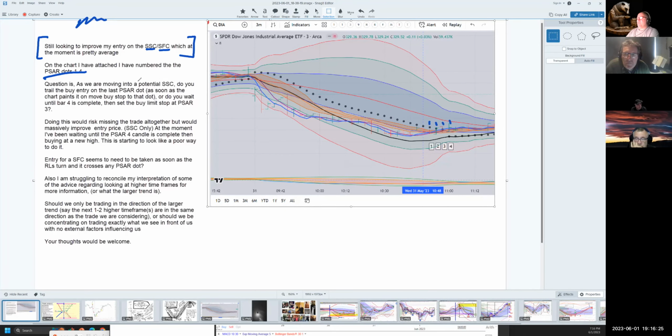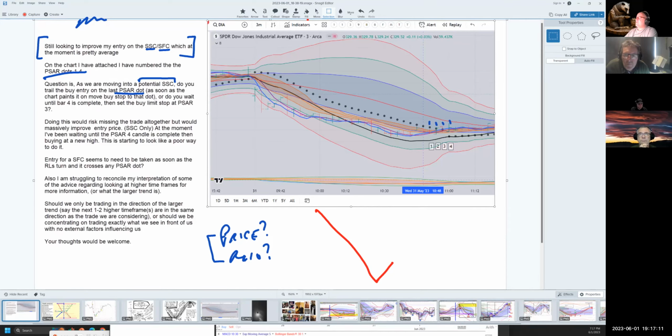The question is, as we're moving into a potential SSC, do I trail the buy entry on the last PSAR dot as soon as the chart paints it, and then buy that with the price, or is it the RL10? Because on the tactical trade, there's almost always a significant difference between those two. Particularly if the pattern was a harsh winter and starts reversing sharply.